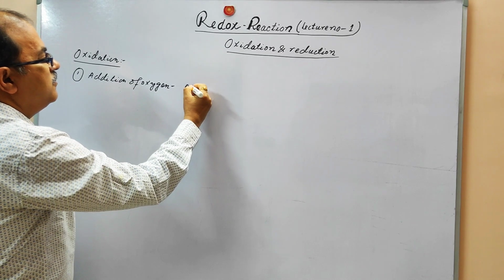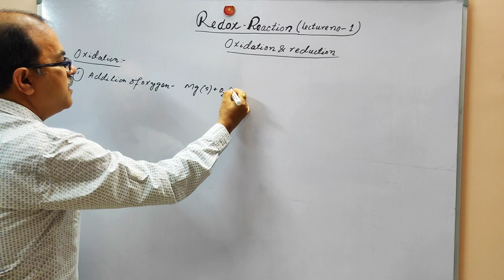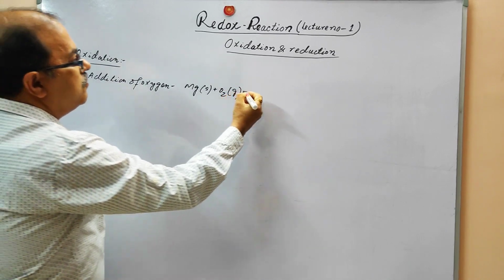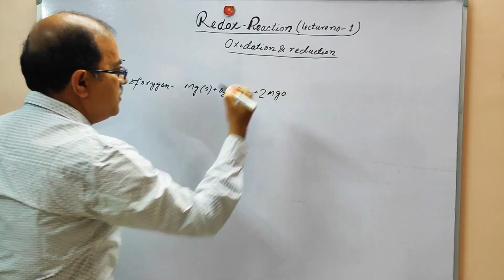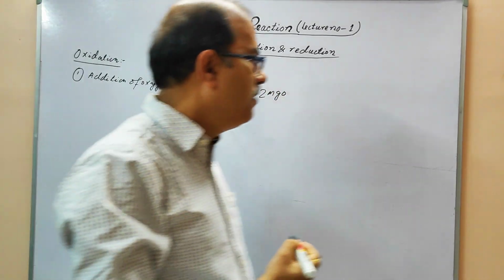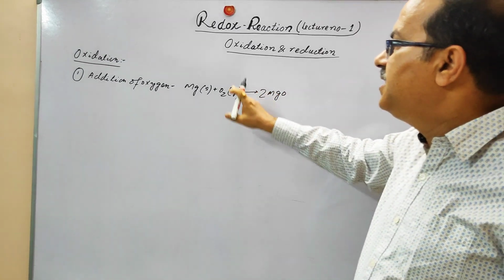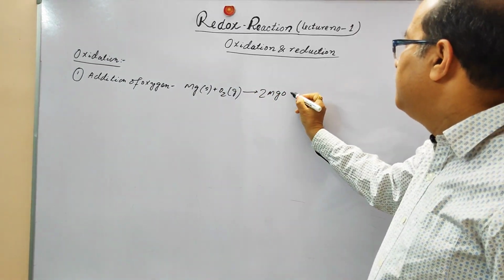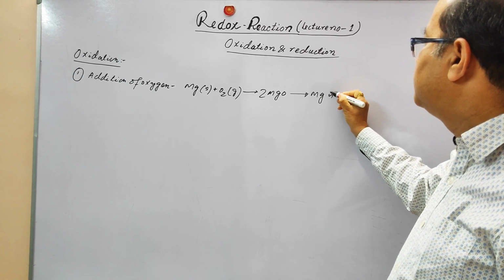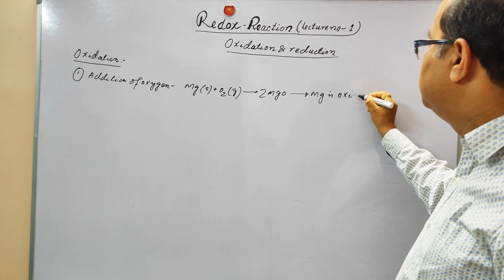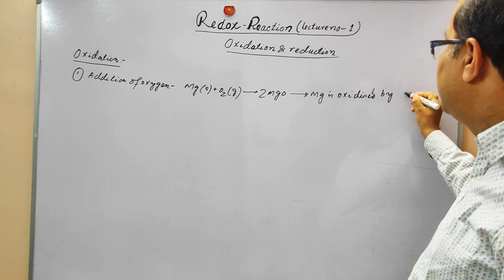For example, magnesium solid plus oxygen gas produces magnesium oxide. Since oxygen is added to the magnesium, we say magnesium Mg is oxidized by oxygen.